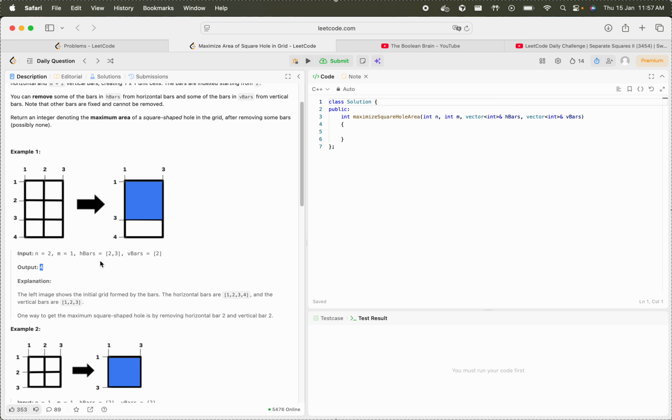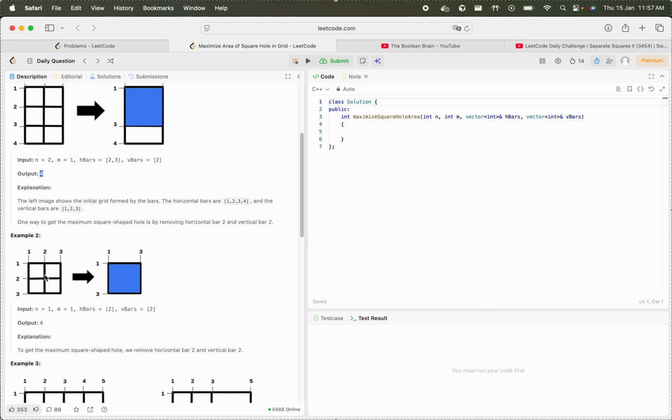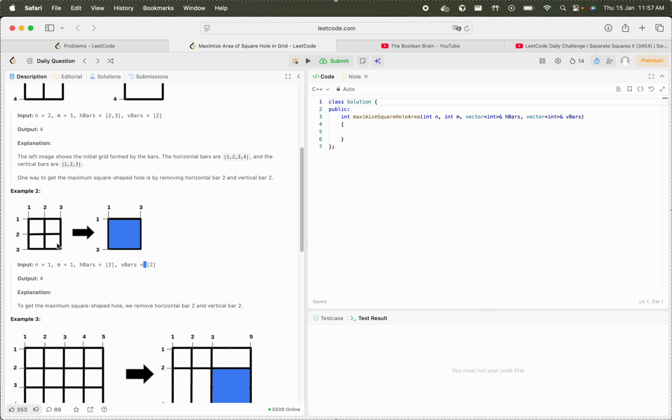So we return 4. In this case, we have this grid and hBars and vBars are 2, 2. So if we remove the second horizontal and vertical, we get a maximum area of 4. So that is our answer.